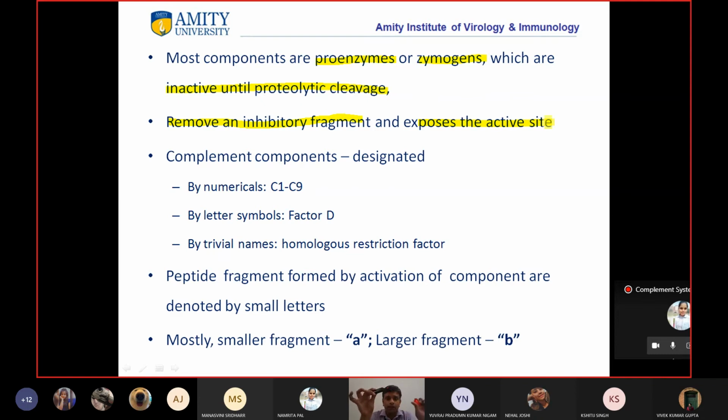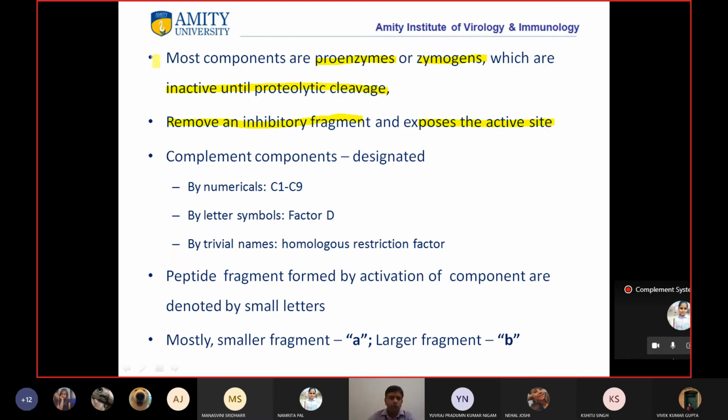Okay, clear? Yes, sir. Now, if you see the last line in this slide, you will see that mostly the smaller fragment is termed as A, right? So this smaller fragment is your A, and the bigger fragment is your B. So I think you can just remember: bigger B, smaller A.